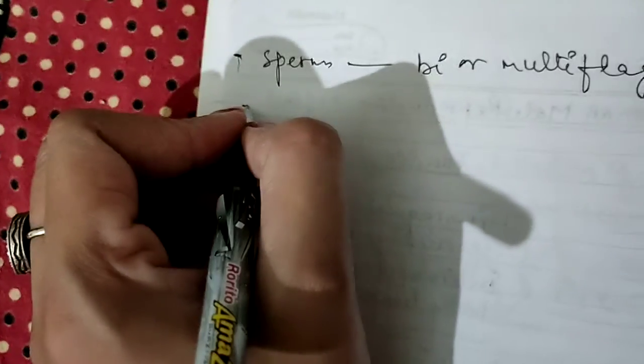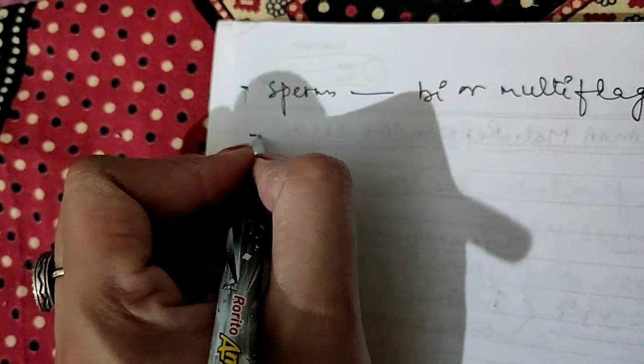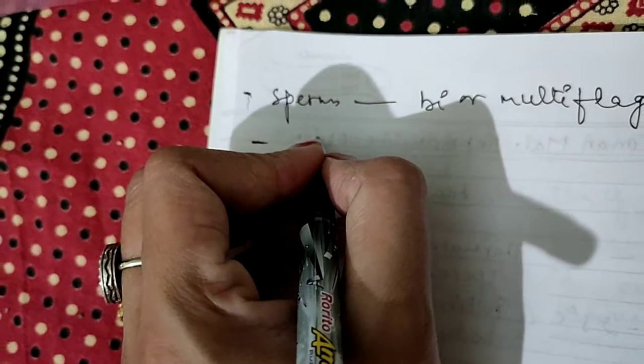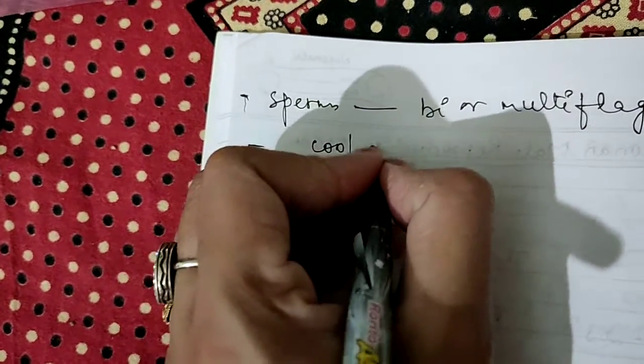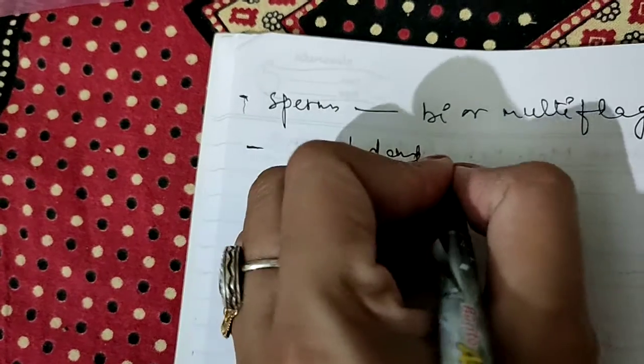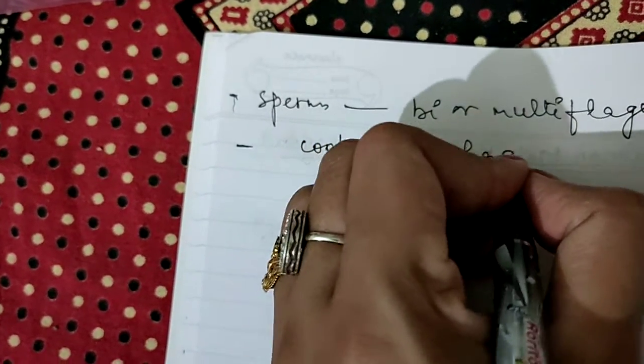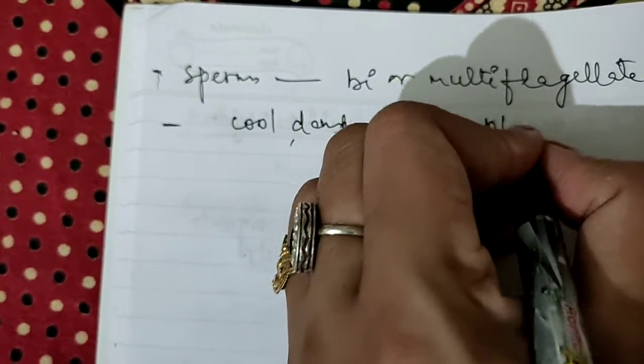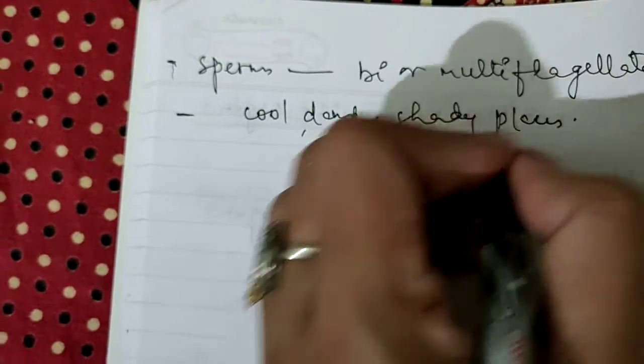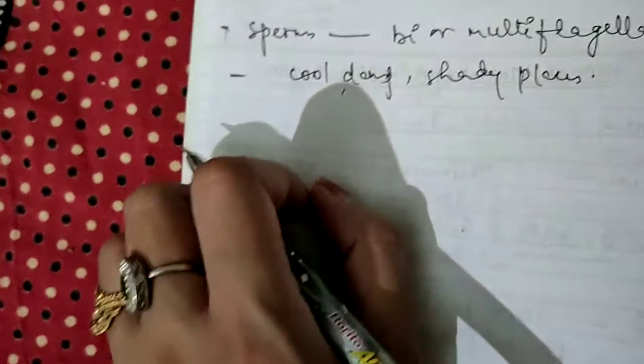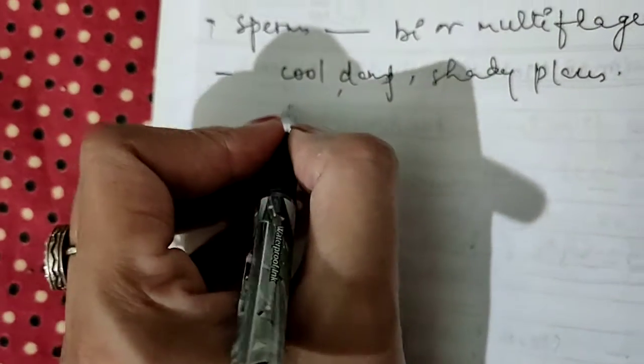Then the habitat of pteridophytes: they generally occur in cool, damp, shady places. Some also occur in sandy soils.